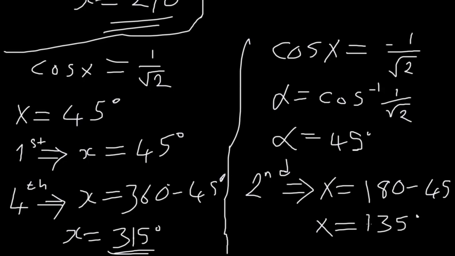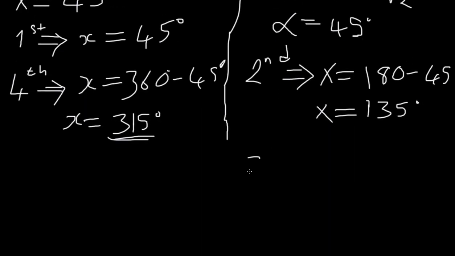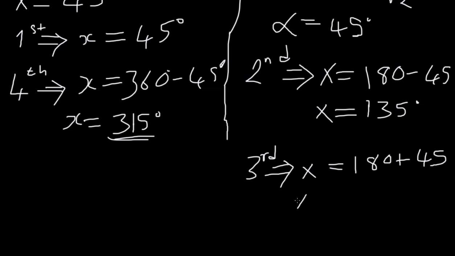And in the third quadrant, your value of x is 180 plus 45, which gives you 225 degrees.